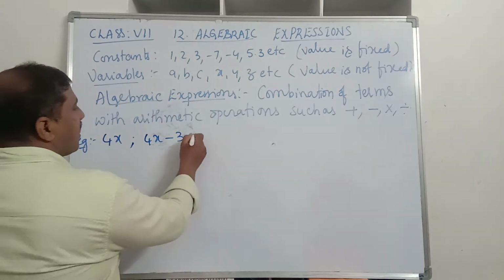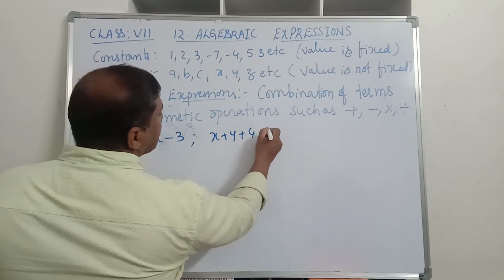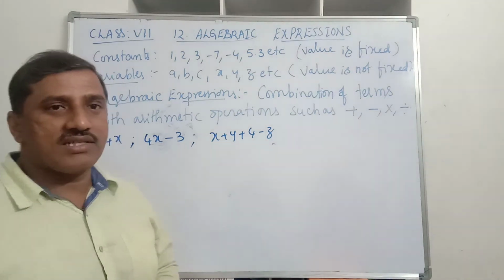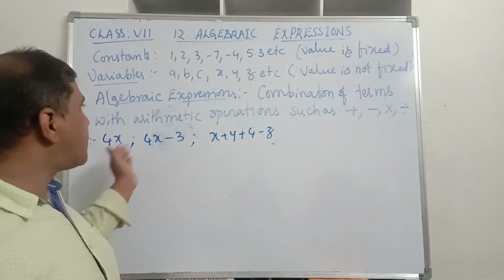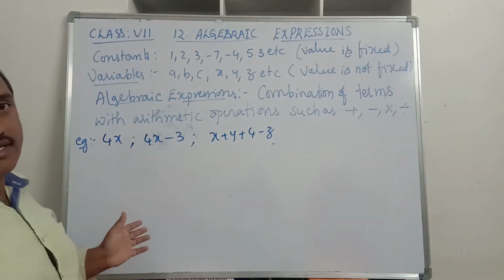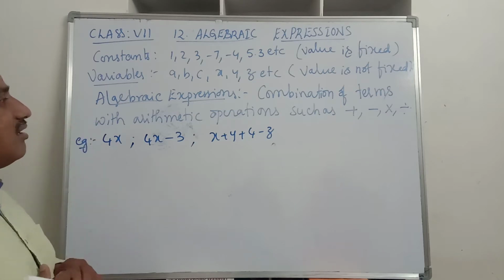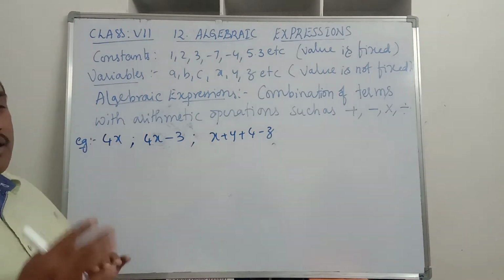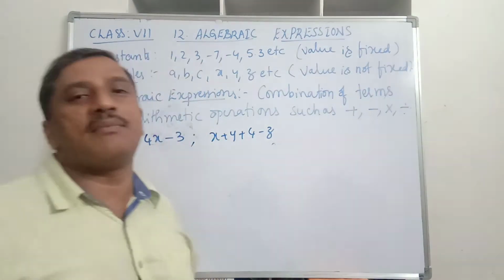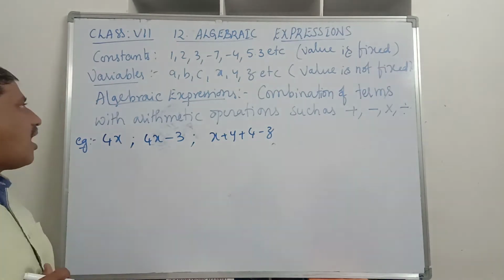And even if you take x plus y plus 4 minus z, here also we have variables and constants. So this combination of terms with arithmetic operations such as addition, subtraction, multiplication and division is known as an algebraic expression. Arithmetic expressions, which contain only numbers, we covered in class 6.